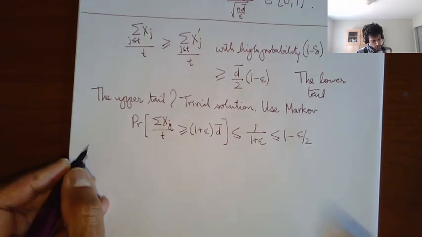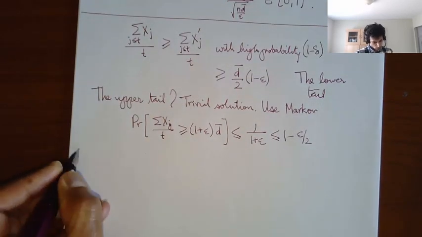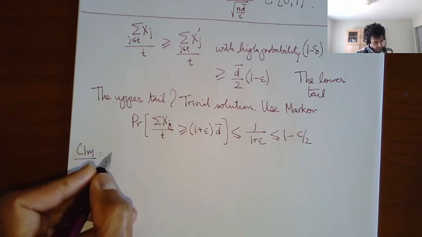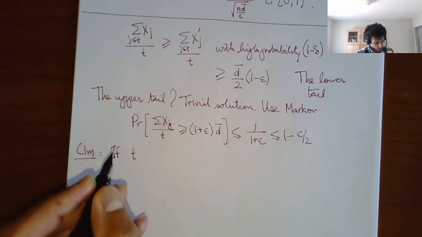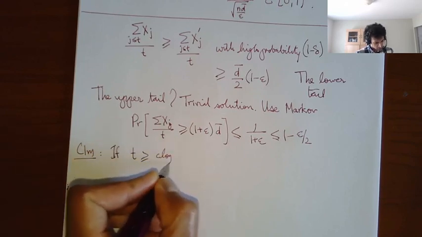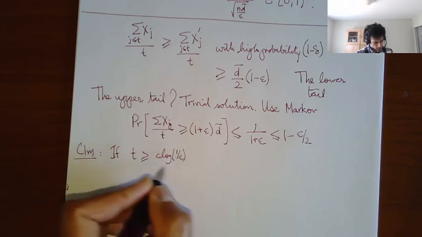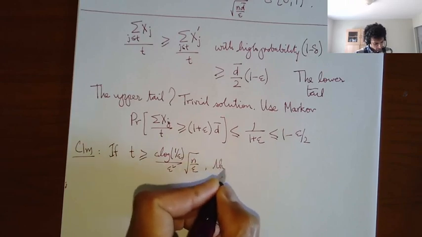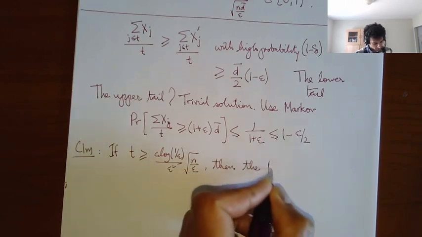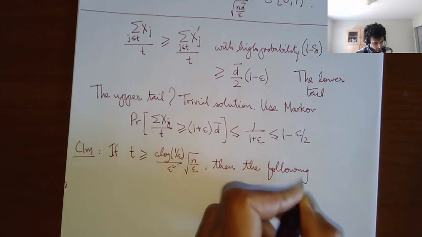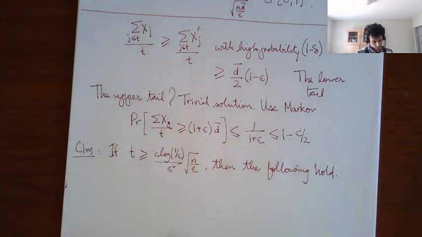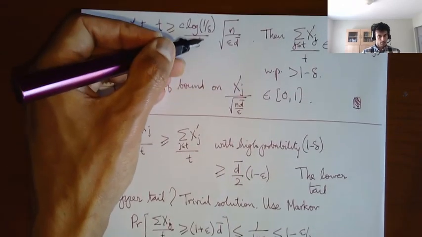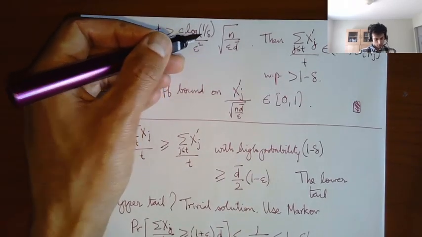So let me just write this down together. And the claim, or maybe it should be more of a lemma, is: if t is at least c log 1 over epsilon divided by epsilon times root n by epsilon, then the following hold. Remember I set delta; I'm going to set delta here to be epsilon squared.